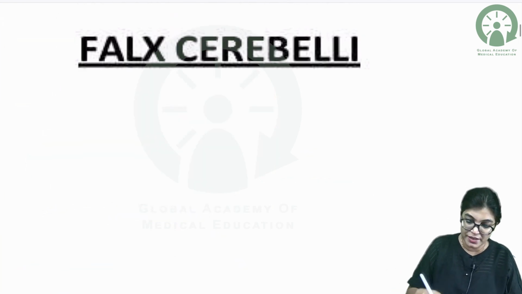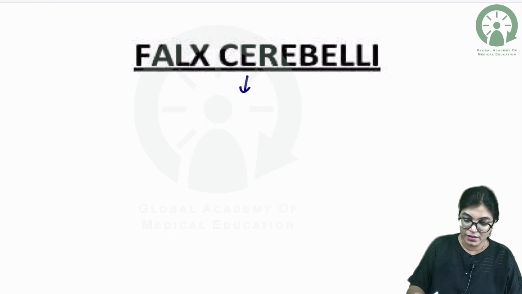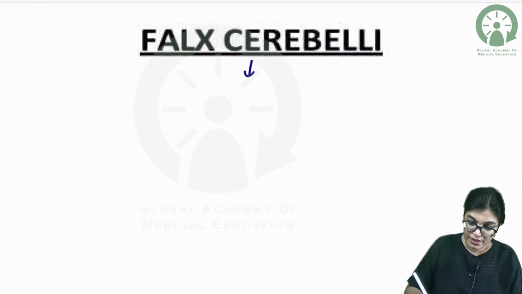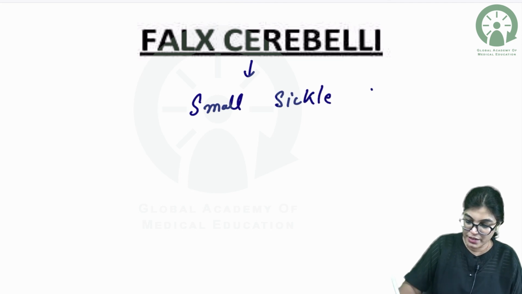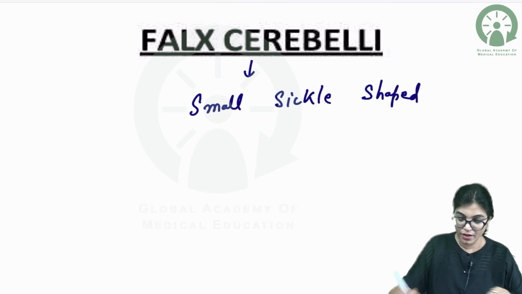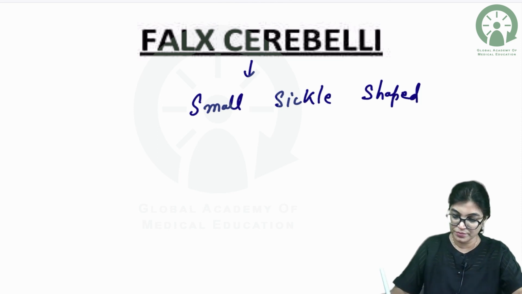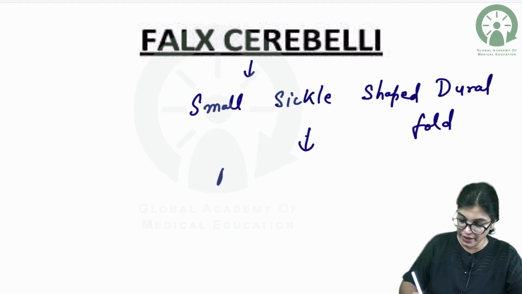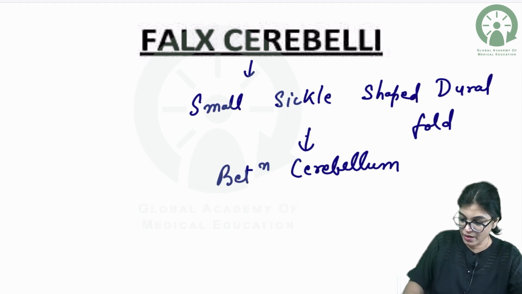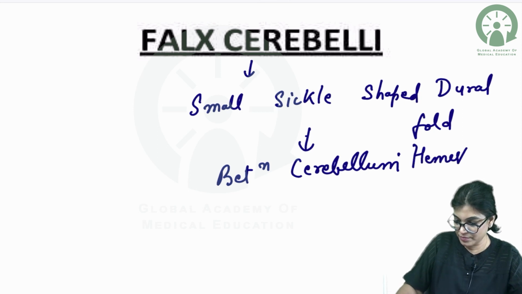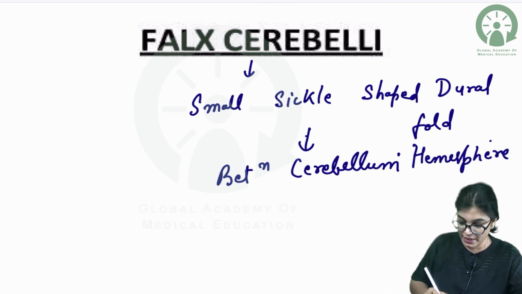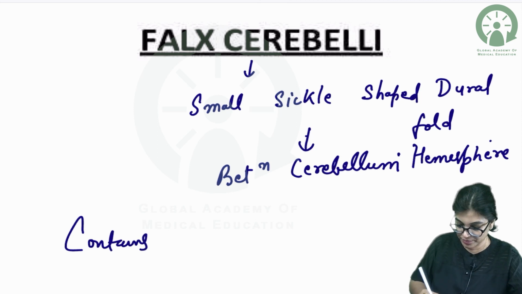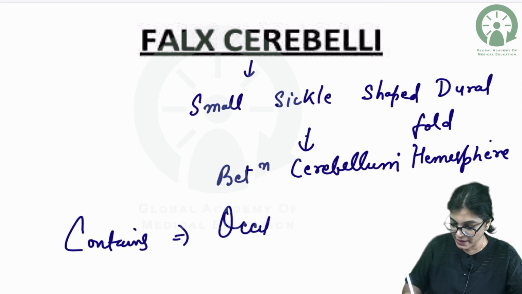So, the falx cerebelli is a small sickle shaped dural fold located between the cerebellar hemispheres. And what does it contain? It contains the occipital sinus.